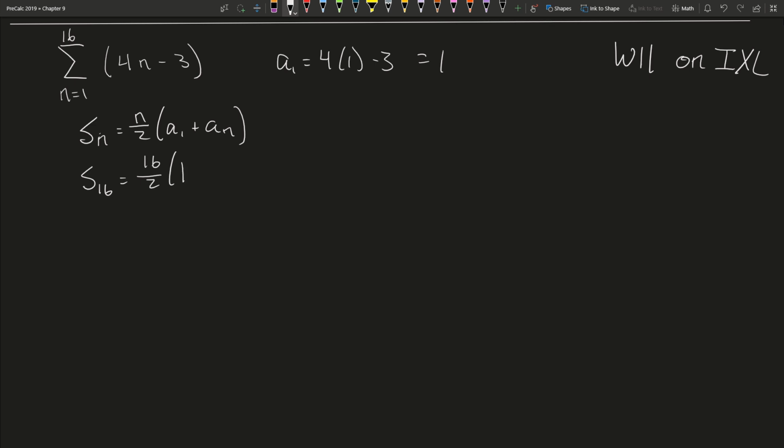Okay, and I know that by plugging that into the rule, and then we can find the 16th term by doing the same thing. Which is 61.